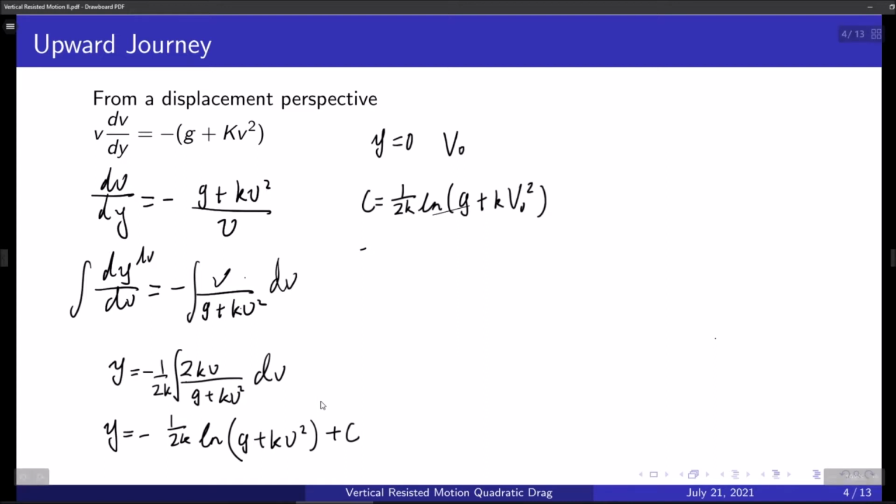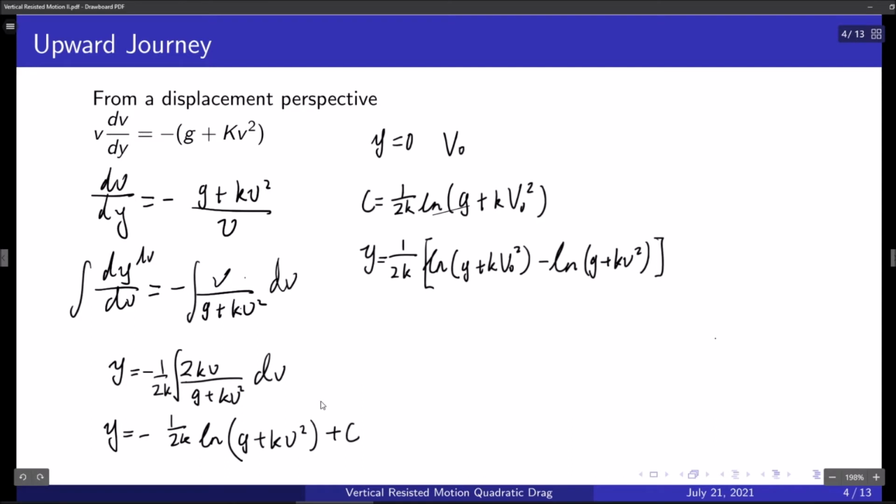We can just say y equals 1 over 2k log g plus kv0 squared minus log g plus kv squared.